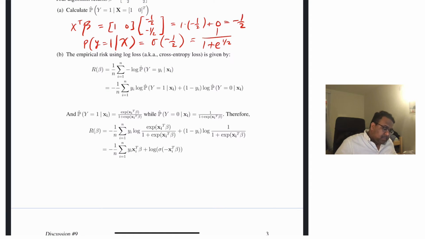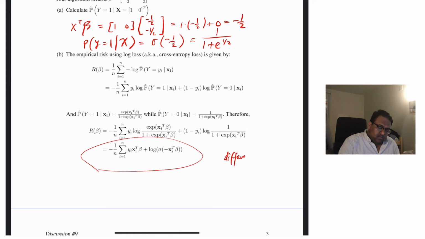So I don't want to go too deep into where cross-entropy loss comes from. Again, this is not a substitute for lecture, but one way you can think of cross-entropy loss is being the difference between two probability distributions.